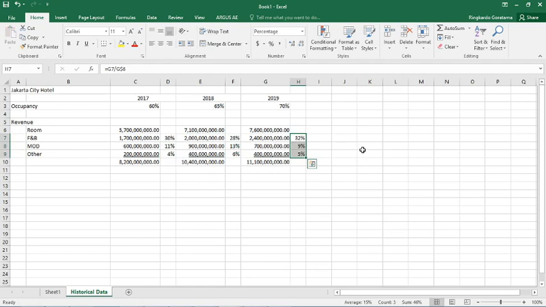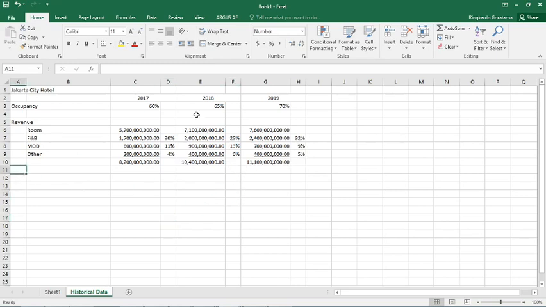So F&B is 30% of the room revenue in 2017. In 2019, the F&B revenue is 32% of the room revenue. The MOD, Minor Operating Department revenue, is 9%, and the other is 5%.